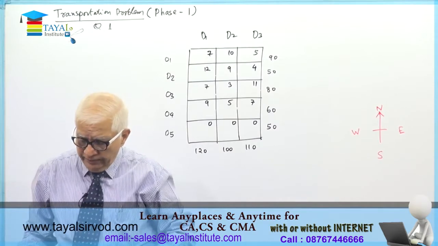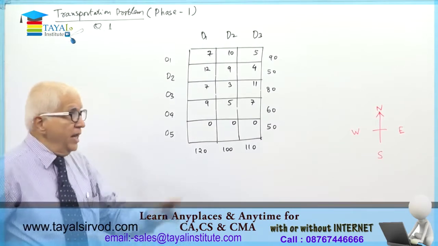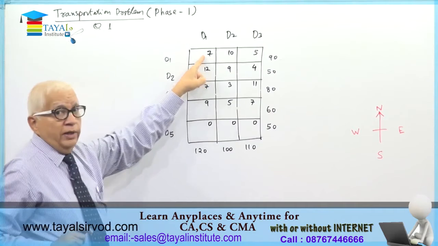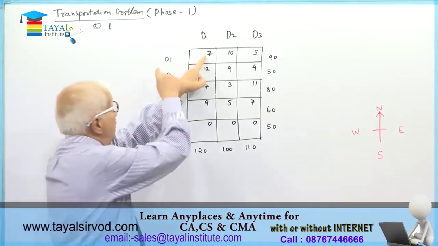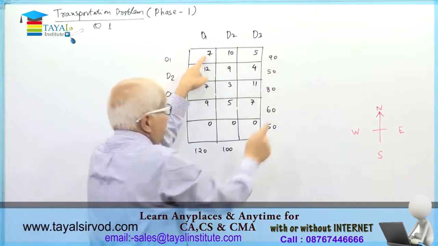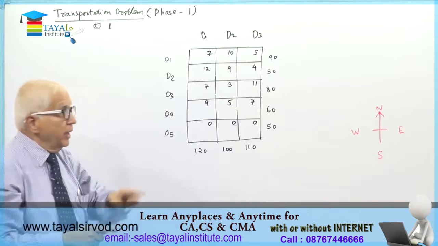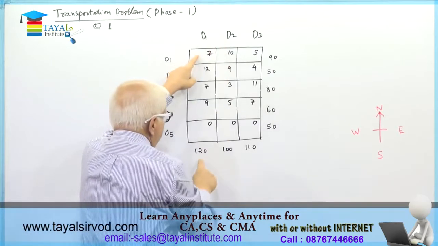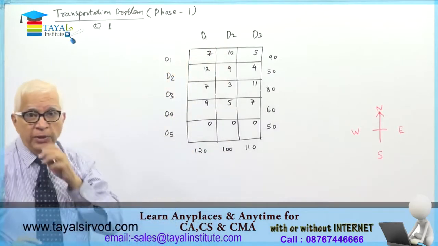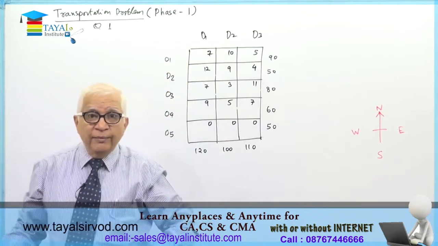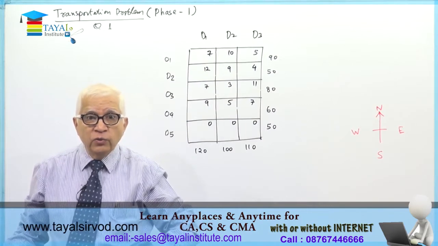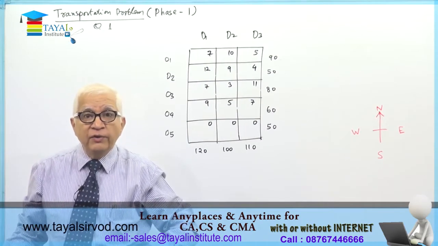Now look at this cell. This cell O1, D1 tells me that the total availability at O1 is 90 units, and total demand at destination D1 is 120 units.